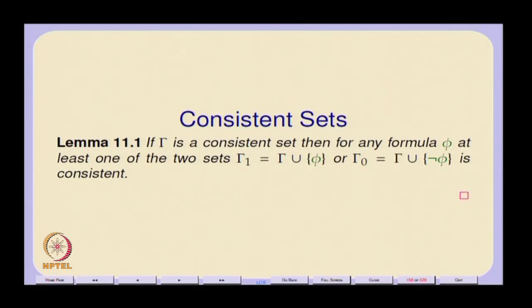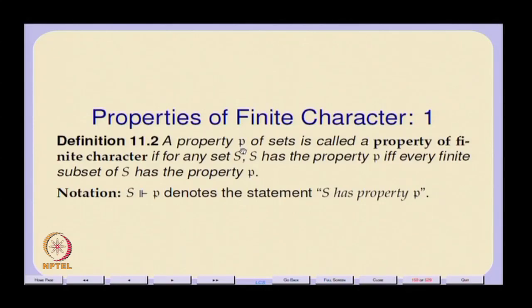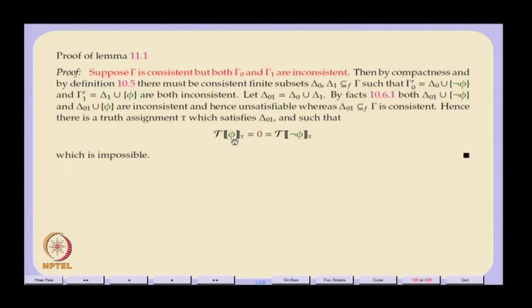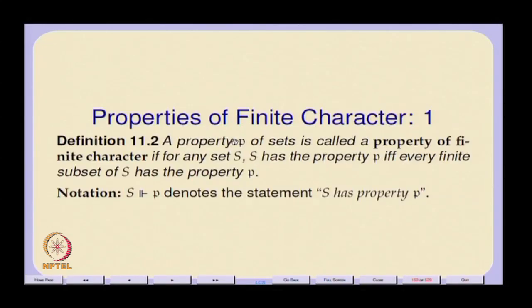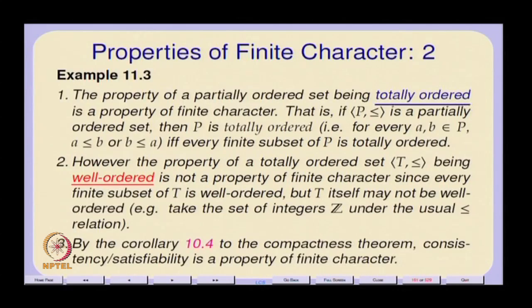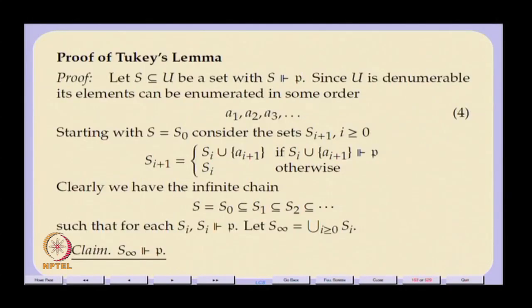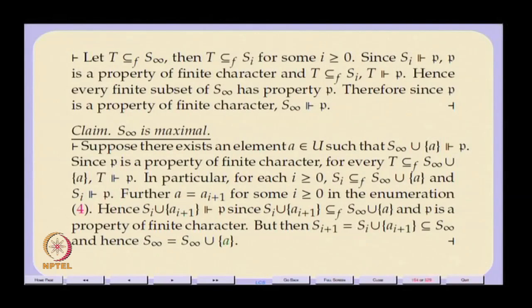I remember my color coding is such that anything that was brown in color was a model, and anything that was green or black and so on was proof theoretic, right. So, in the case of maximal consistent sets and so on, we actually used the semantics, therefore, we used models basically, and we defined notions of properties of finite character, and we showed that you can extend a consistent set to a maximal consistent set.